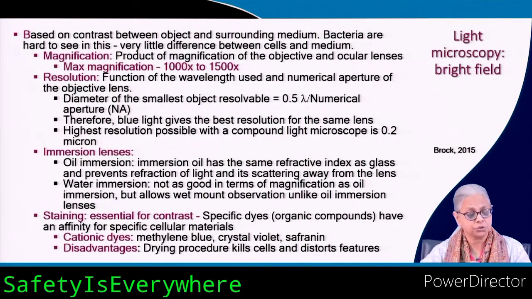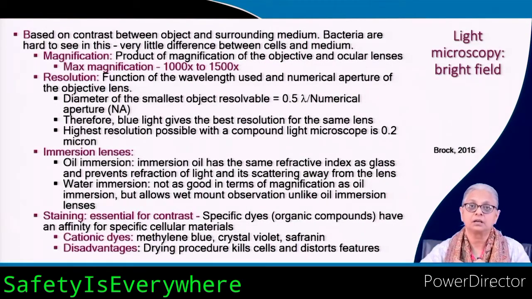The disadvantages of staining, like I said, they are generally dry mount staining procedures, and the drying procedure kills the cells. So that's why I remember the first time I looked at a microscope, it was a water immersion microscope. So I took a pond water sample, put it under the objective lens, and I was able to see all the microorganisms in that sample swimming around, the paramecium ingesting the bacteria.